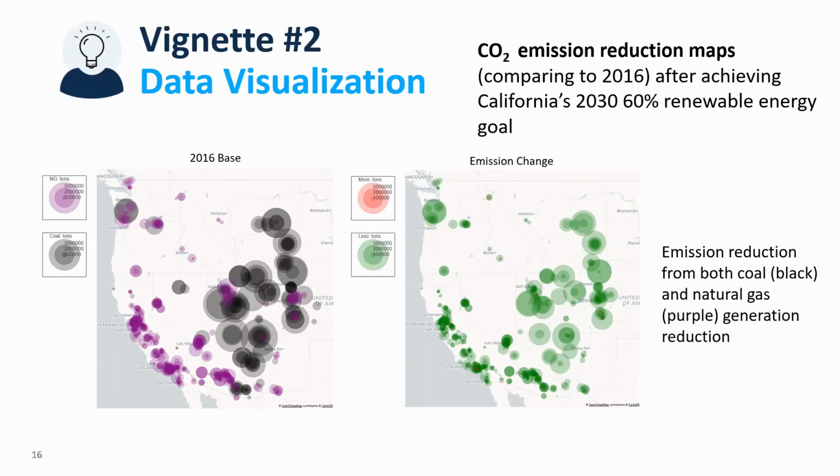So this can show a number of things in a fairly easy to understand manner. The size of the circles indicates the amount of emissions, and you can also see the size of the circles showing the extent of reduction of those emissions. And you can also see geographic patterns at a glance where you have more natural gas along the coast of California in this example versus more coal inland, etc.